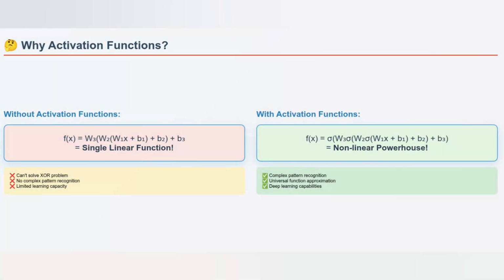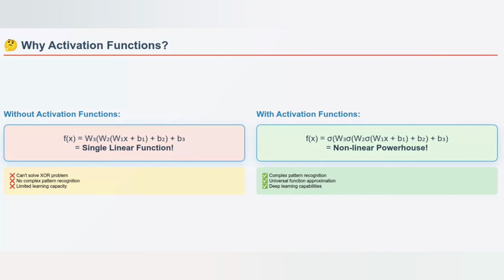Before we jump into Leaky ReLU, let's quickly recap why we need activation functions in the first place. Imagine you're building a neural network without any activation functions. What you'd essentially have is just a series of linear transformations, matrix multiplications, and additions. No matter how many layers you stack, this entire network can be simplified into a single linear equation.